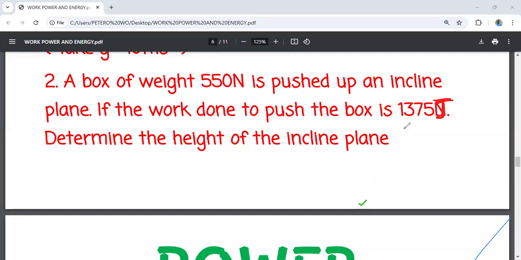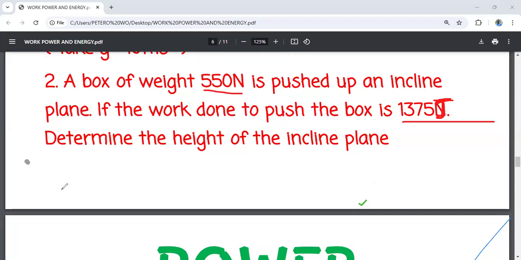So in this example, they have given us the weight of a box, and they have also given us the work that is done to move that box upward. And they are asking us for the height of an inclined plane.